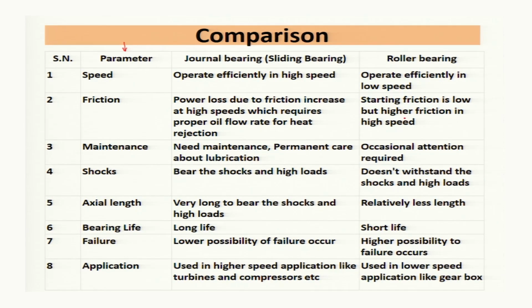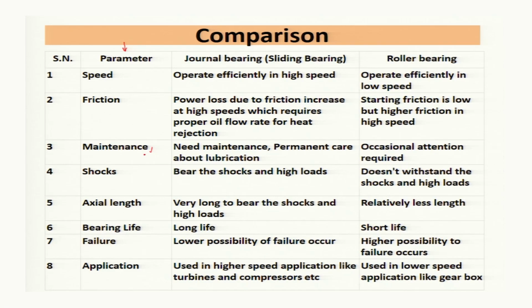From the maintenance point of view, the journal bearing needs maintenance, and permanent care about lubrication is required. So, a continuous supply of lubrication is required for the journal bearing or sliding contact bearing. For the roller bearing, occasional attention is required.